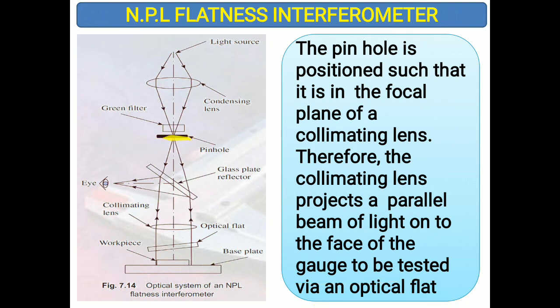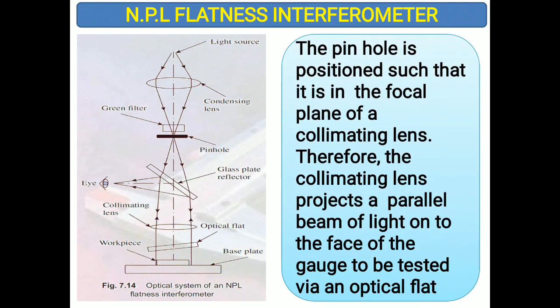Because the pinhole is placed in the focal plane of this collimating lens, whatever light is falling on this collimating lens from the pinhole will be made parallel. Whatever light rays come out of this collimating lens will be parallel, and will strike the optical flat.